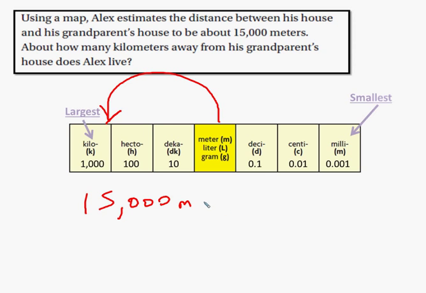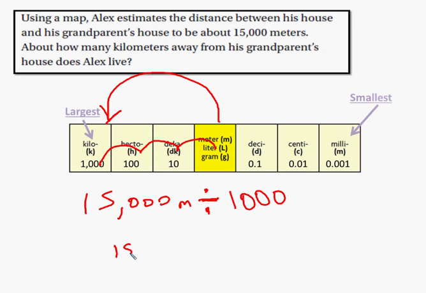So if I use my arrows method to determine what the operation is, it's division. How many meters are in a kilometer? If I move 1, 2, 3 places to the left, that tells me I should have 1, 2, 3 zeros in my conversion factor. So there are 1,000 meters in a kilometer. So 15,000 divided by 1,000.